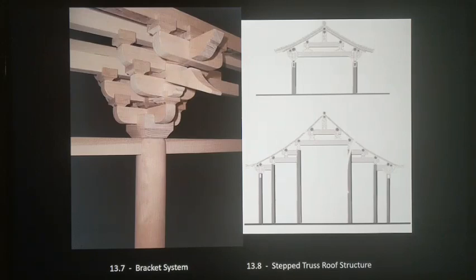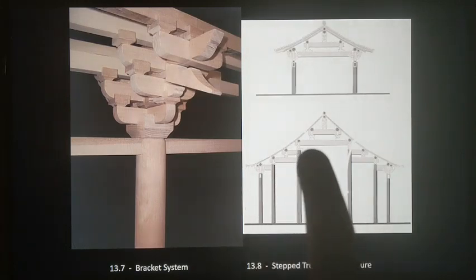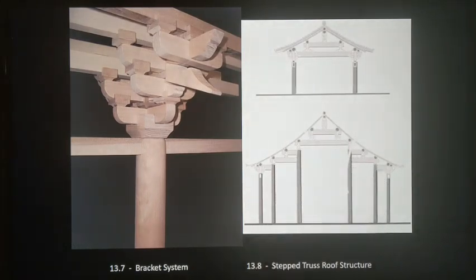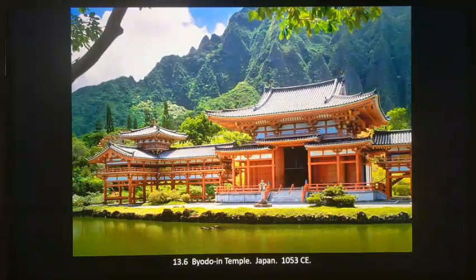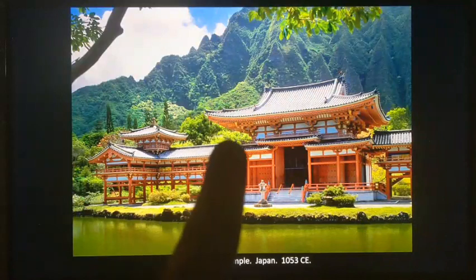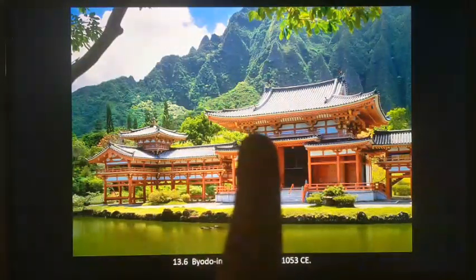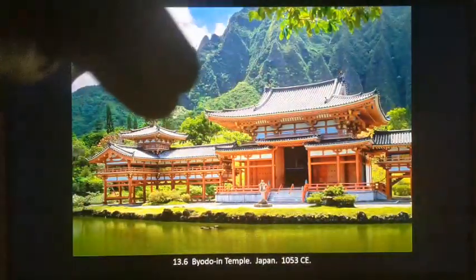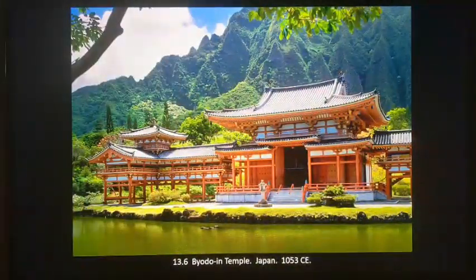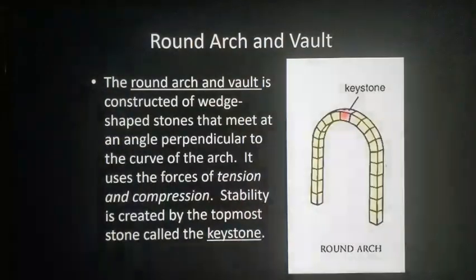So as we move upward, we can stack these brackets and then start to build trusses that support these long eaves on the roof, like we see here with the Byodo-in Temple in Japan. So being able to have these sweeping eaves coming out by having one post that has brackets, brackets, brackets, and then extends the support outwards. So it's very efficient and a very different way of building with post and lintel.